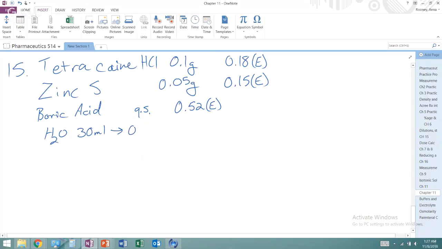5,000 problems, that we need 0.270 grams sodium chloride when we're using 30.